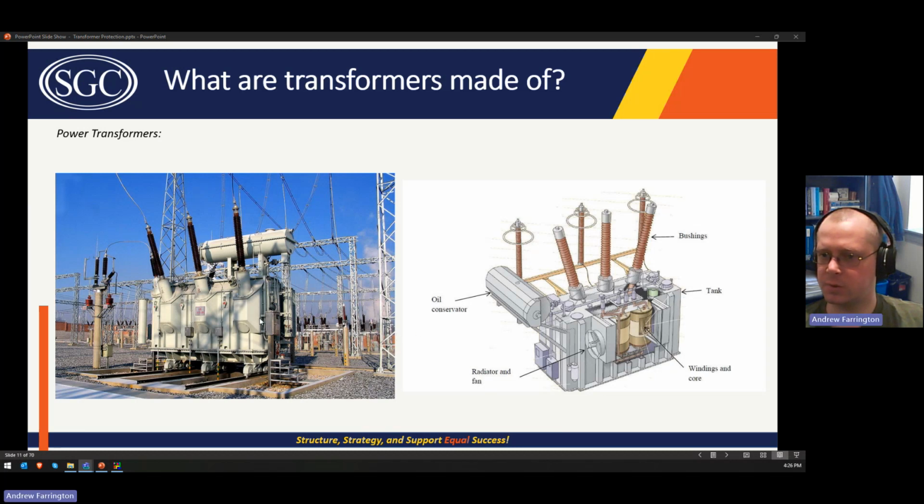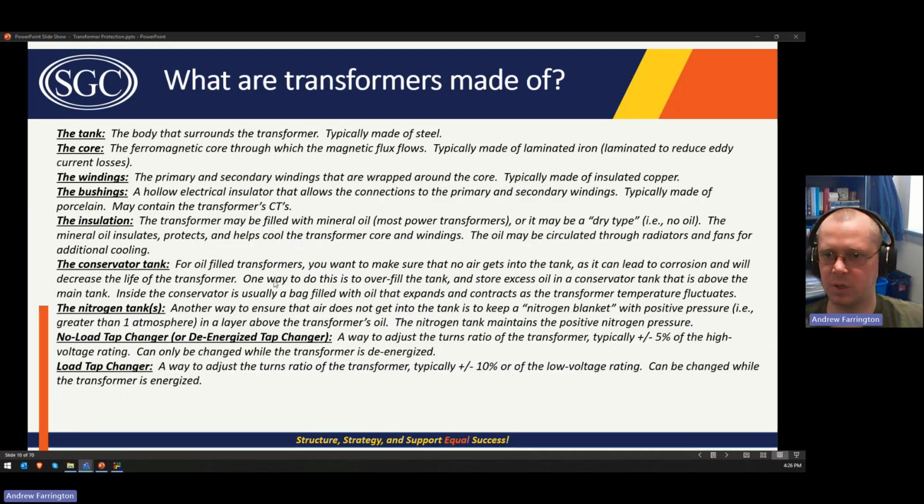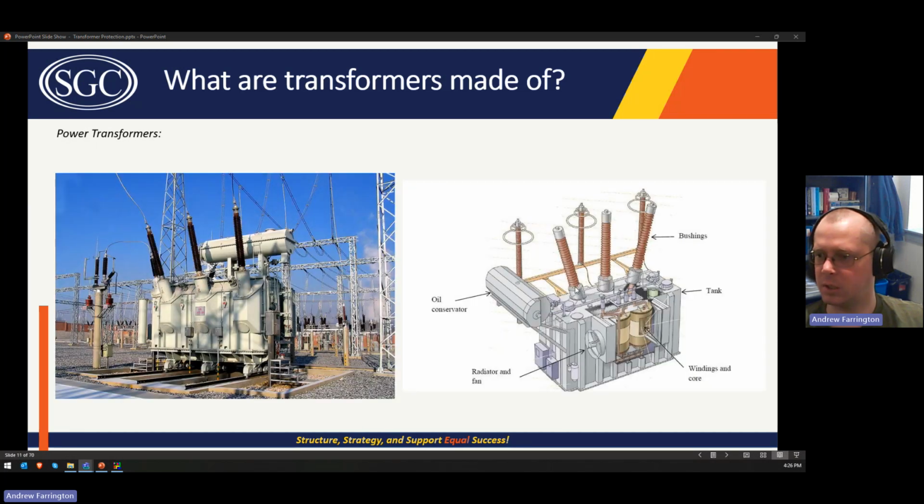Let's see, what else? Oh yeah, another important part. I guess I didn't have that on the slide. It's radiators or fans, other cooling methods other than just the oil natural and air natural rating of the transformer. Often they have other ratings that are associated with some sort of cooling.